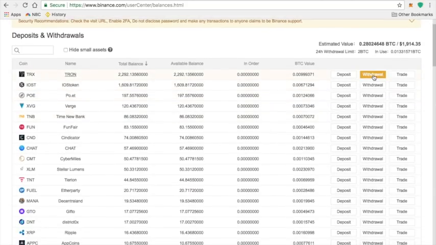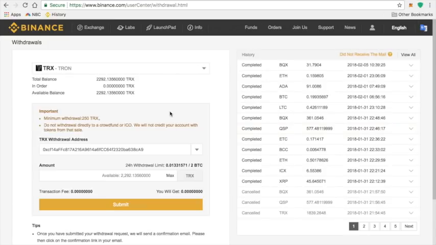When I want to withdraw money, say I want to withdraw this and put it into my Ether wallet, and I want my Tron to be in a different wallet. Well, it's going to ask me what wallet do you want me to put it into. You get the wallet address, you put that into here, you tell it how much Tron you want to put into that wallet address, and then you put that amount and it goes to that address.